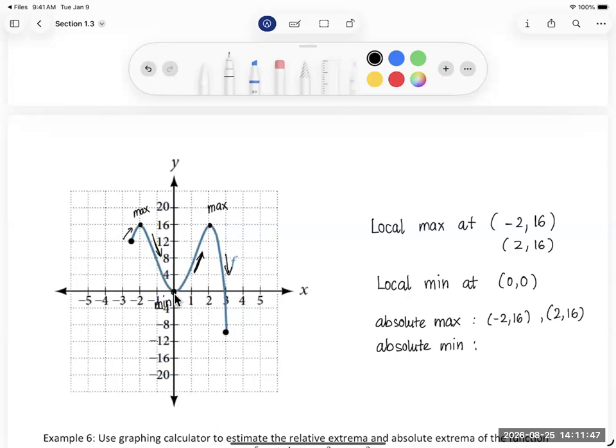So I wouldn't be able to call 0, 0 the absolute min. Instead, I will have to look at this point right here, where my x is 3 and my y is about -10. So my absolute min will be 3, -10. Okay.